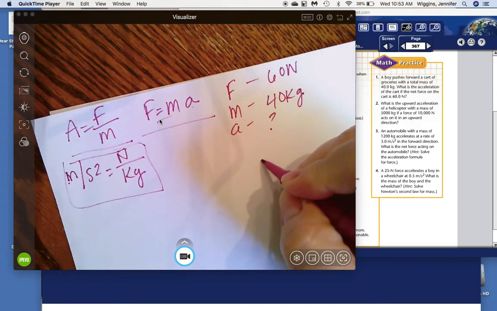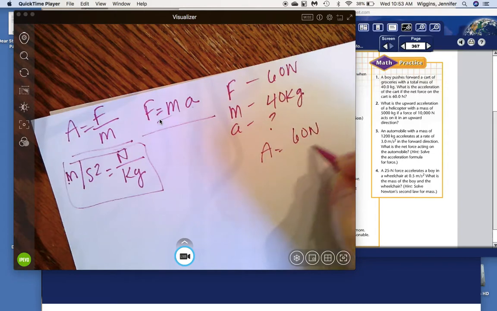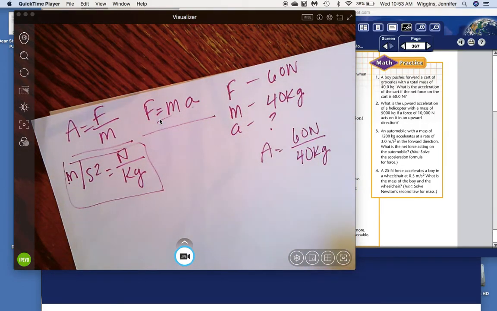So I'm going to say acceleration equals 60 newtons divided by 40 kilograms. 60 divided by 40 is 1.5, and then it would be newtons per kilogram, but a newton per kilogram is actually just 1.5 meters per second squared.